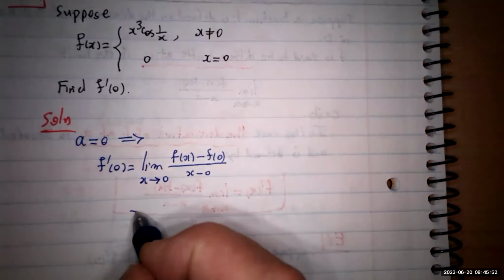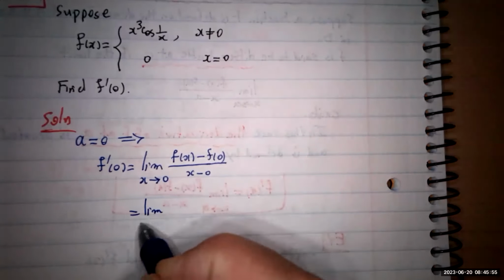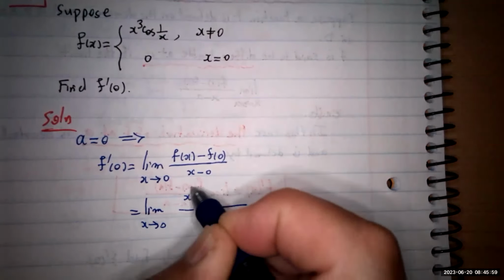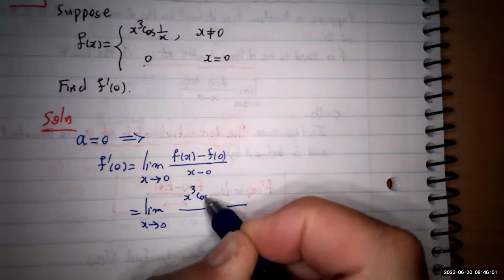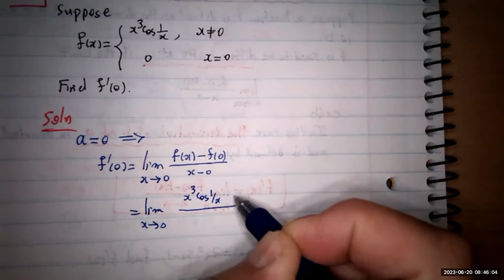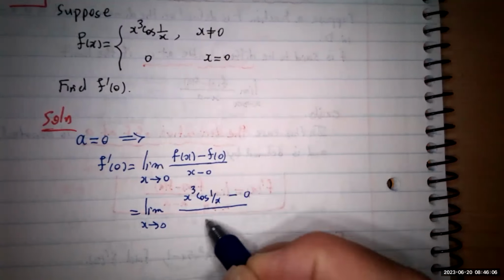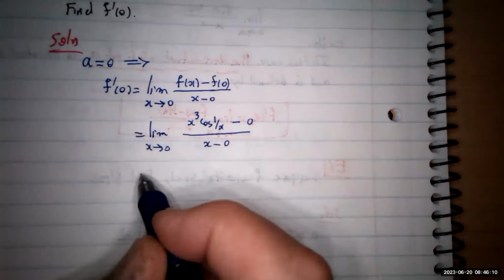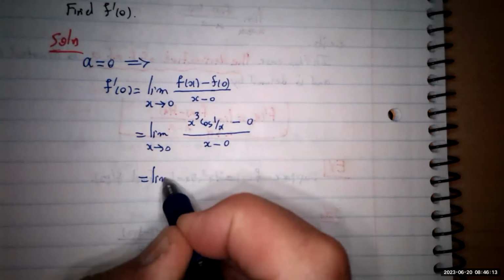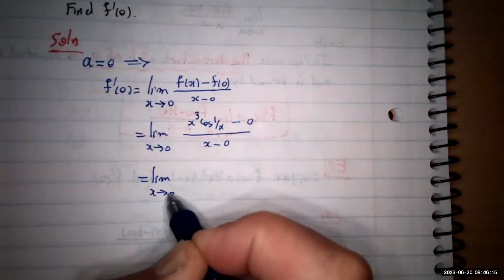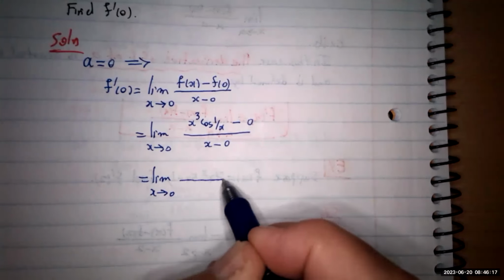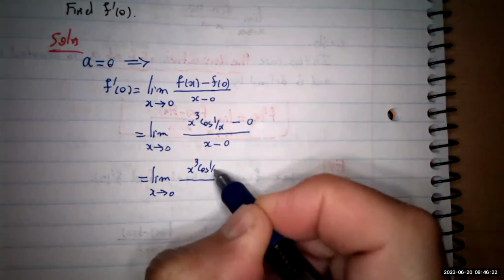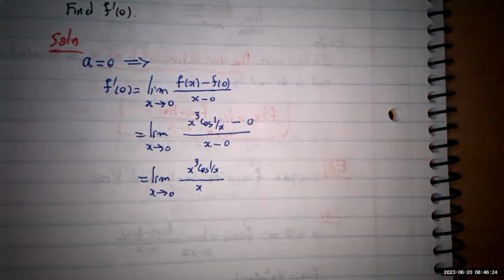So it's going to be equal to the limit as x goes to 0. The top would be x cubed cosine of 1 over x, minus f of 0, which is 0, over x minus 0. Simplified, it's the limit as x goes to 0 of x cubed cosine of 1 over x, divided by x.